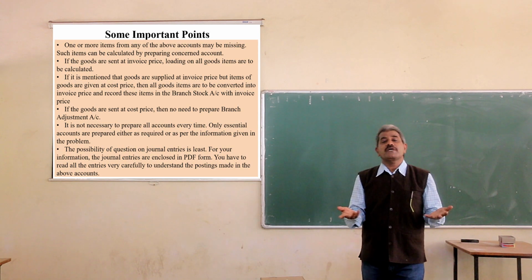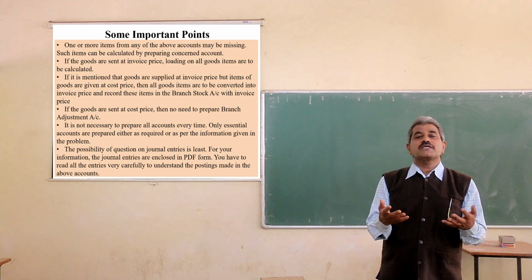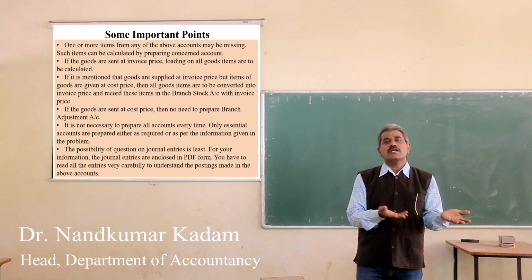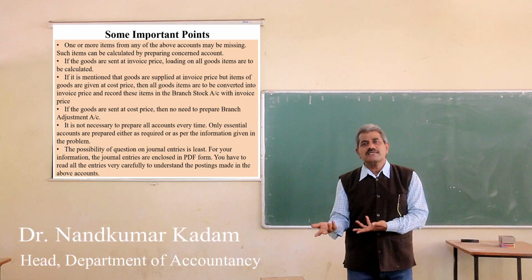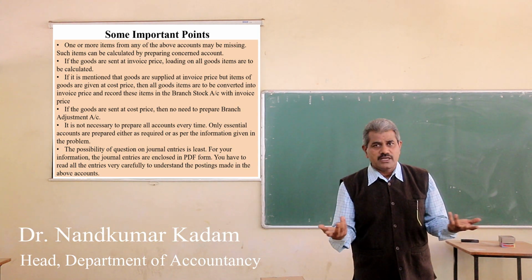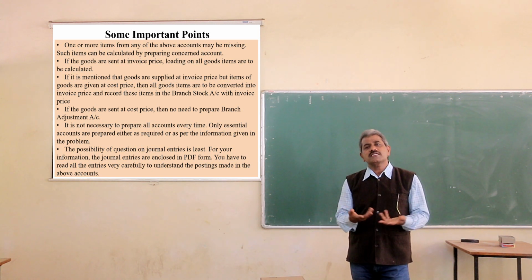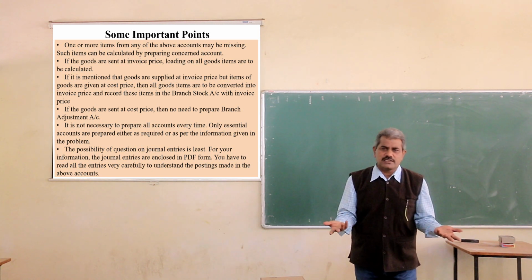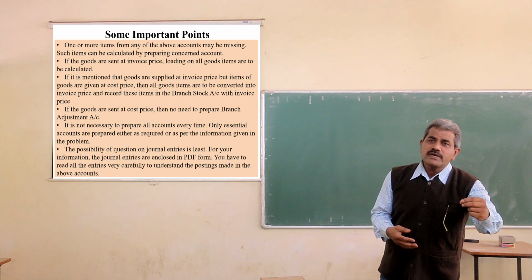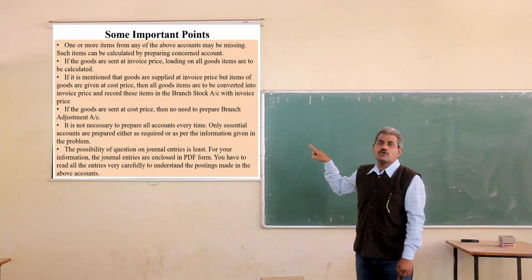If there is no information regarding the loading, if it is not mentioned that the goods are sent at invoice price, then there will be no question of preparing a branch adjustment account. If no information is given regarding petty cash, then there is no necessity of preparing a petty cash account. In the same way, the information given in the problem decides how many accounts are to be prepared.